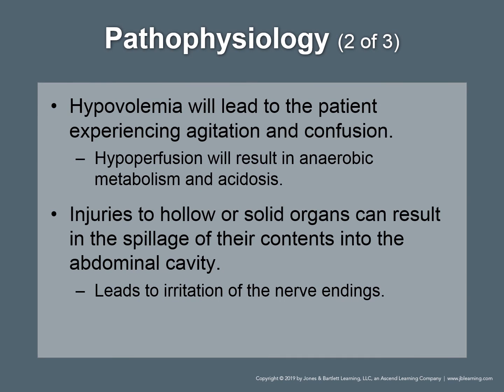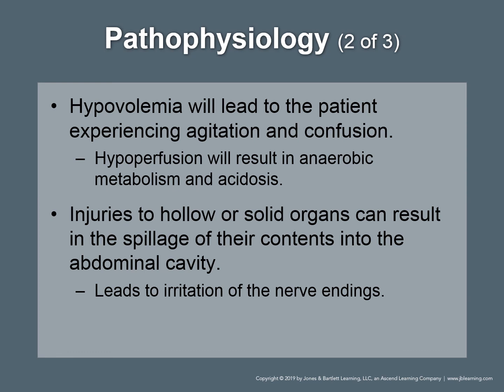Hypovolemia will lead to the patient experiencing agitation and confusion. A lot of times that's the first sign of hypovolemia, is anxiety or agitation and thirst. Then we get into anaerobic metabolism, where we start getting the lactic acid production. And that changes your oxyhemoglobin dissociation curve, and acidosis is really that killer in our shock patients.